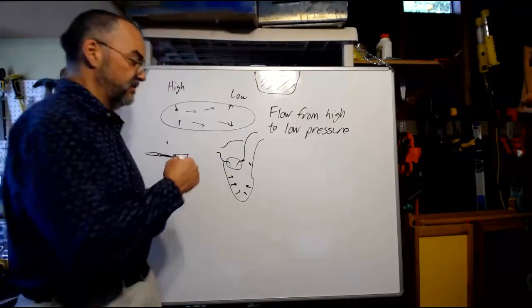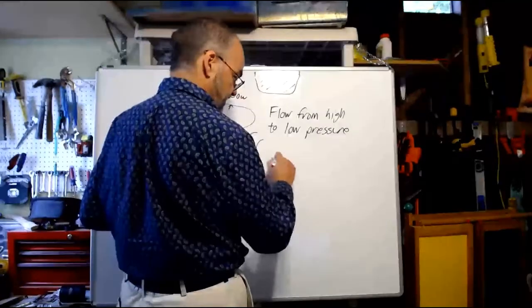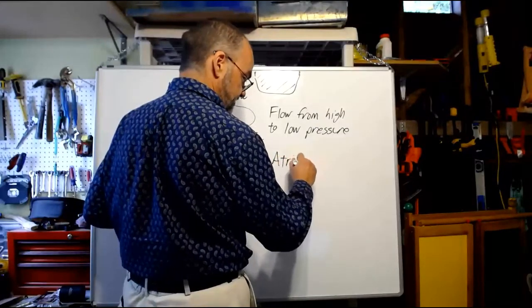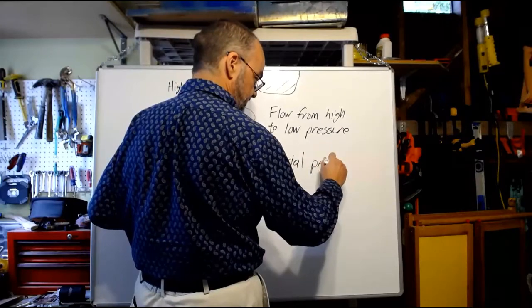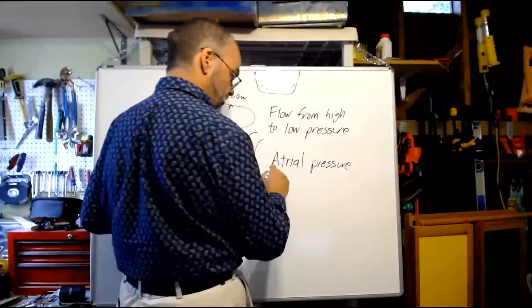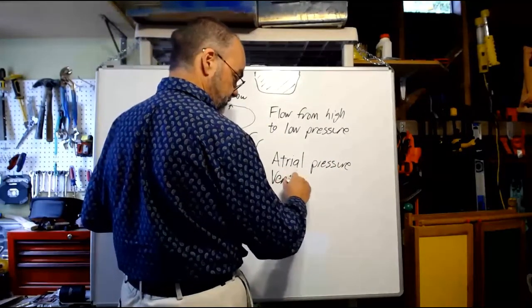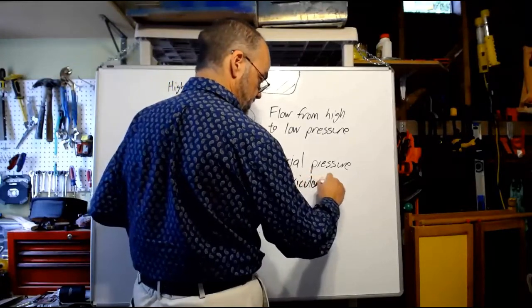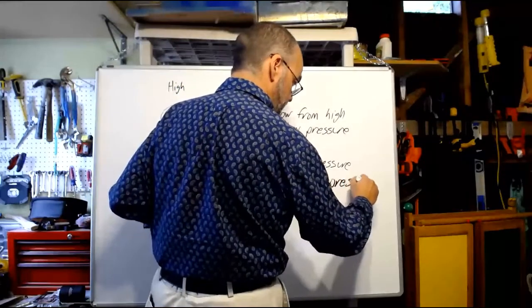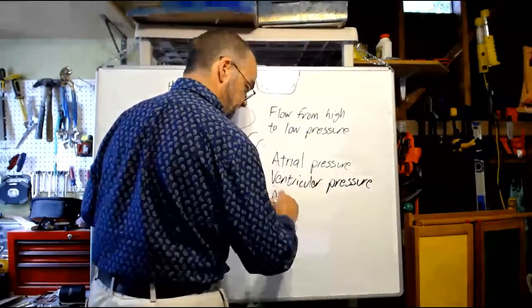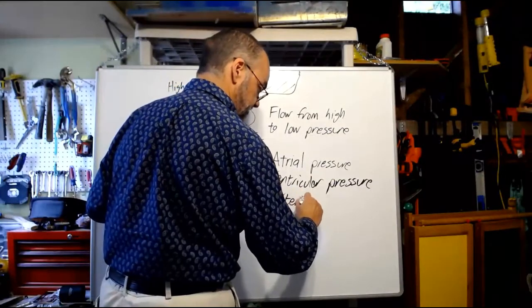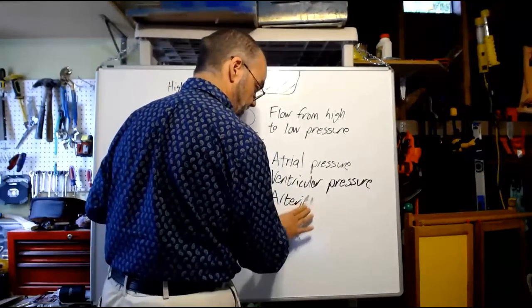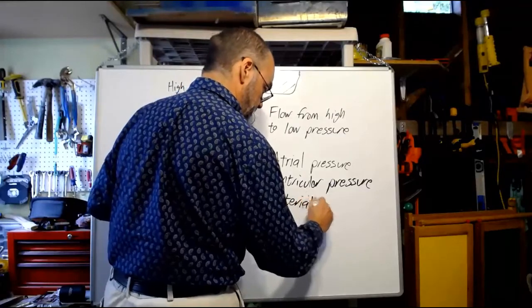And when we do that, we're going to be talking about pressure in the atria, or atrial pressure, pressure in the ventricles, ventricular pressure, and pressure in the arteries, or arterial pressure.